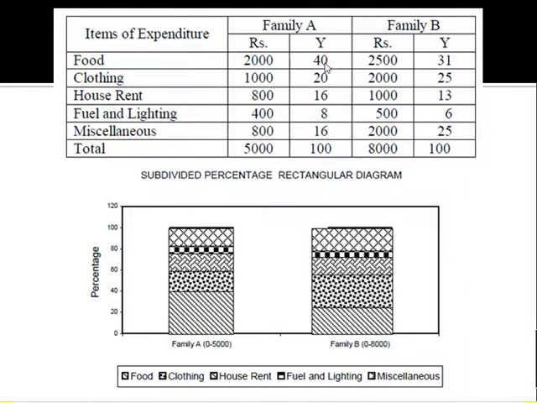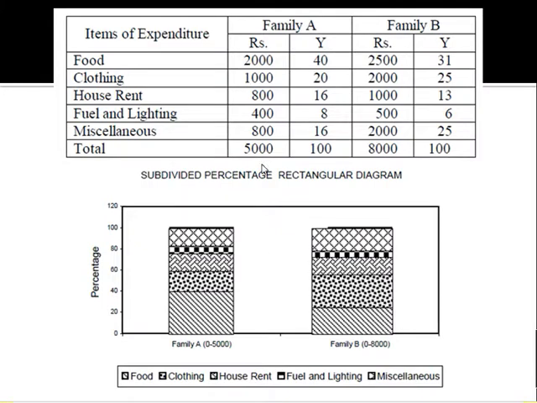So, 40% of this expense is used for food, 20% of the expense is used for clothing. Here also we convert it into percentage, and we can see that 31% of the expense is for food, 25% is for clothing, 13% is for house rent, 25% for miscellaneous items.